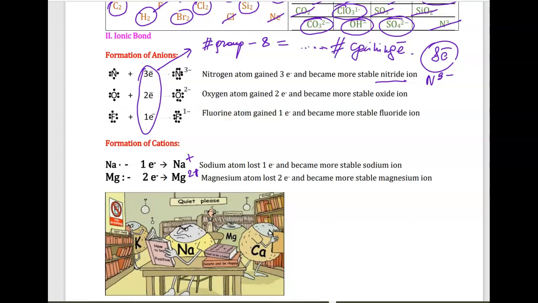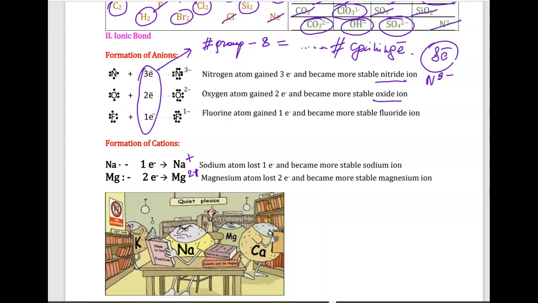For oxygen, an element of group 6, the way to become more stable is to gain 2 electrons, and after it gains them, it becomes the oxide anion.